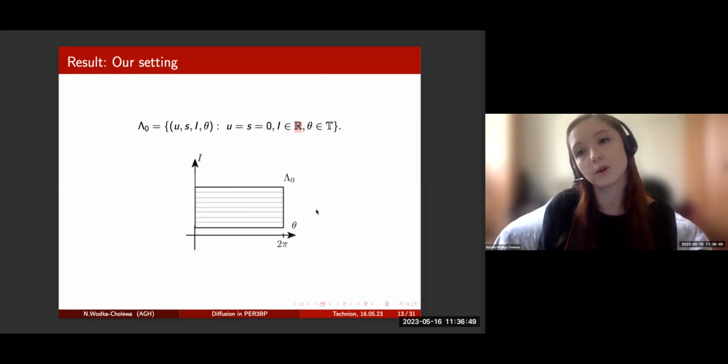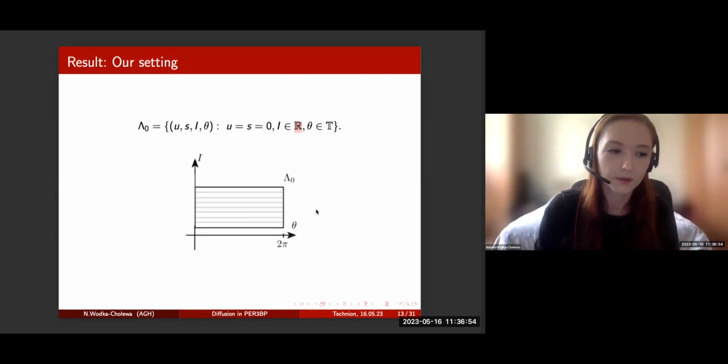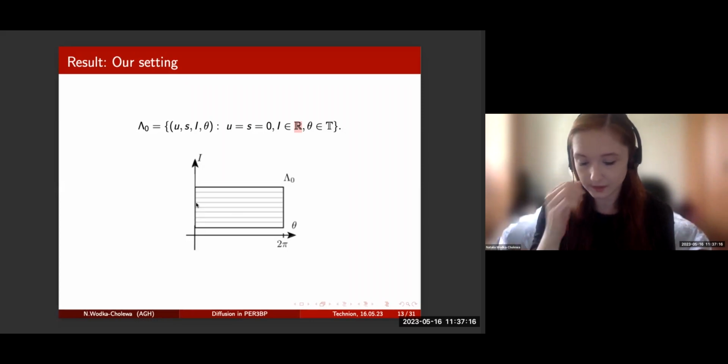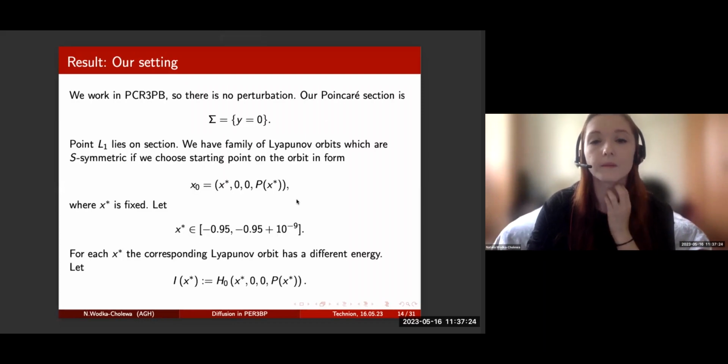So lambda 0 will be a collection of Lyapunov orbits, and we will take them as I said, taking the starting points with this value x star from the interval. But it looks something like this. It's not the x and y coordinate right now in this, but you can think about it as the periodic orbits that have the same energy level. So it looks like stripes right here on this graph.